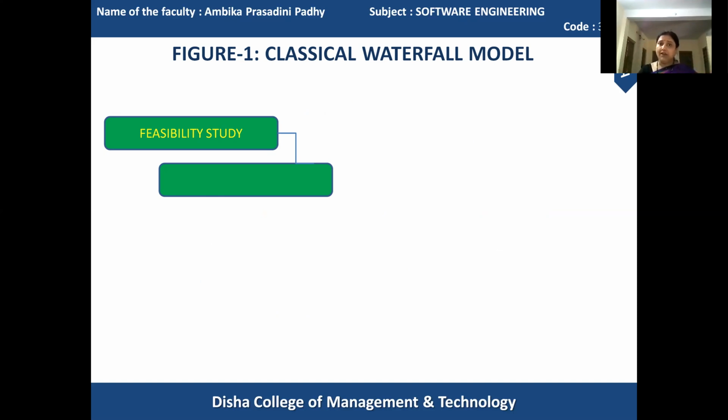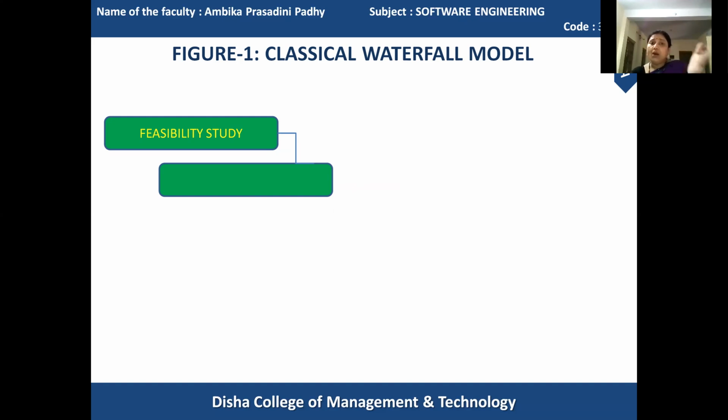The classical waterfall model contains the same set of activities as the software development life cycle, because the software development life cycle has several phases to be conducted one after another. When all these phases are over, only then can your software product be in hand. You can submit it to the customer after getting customer satisfaction.